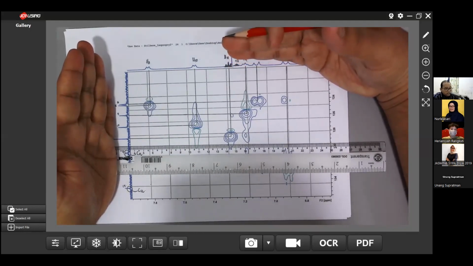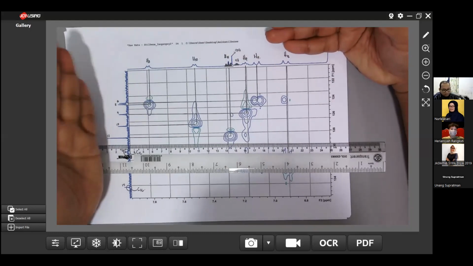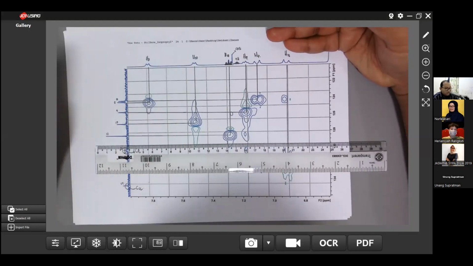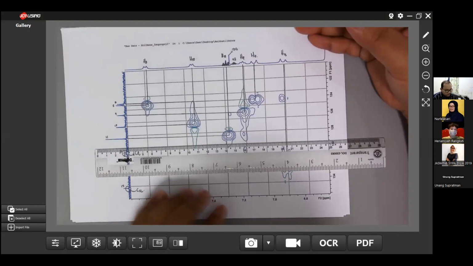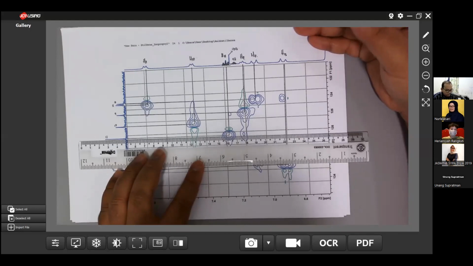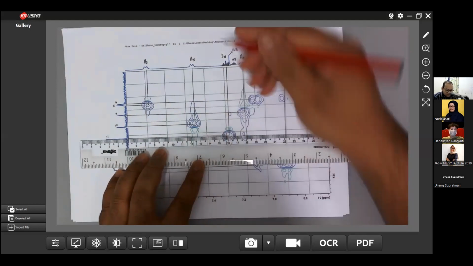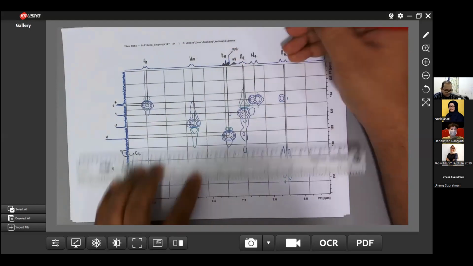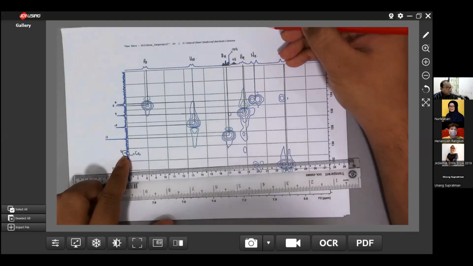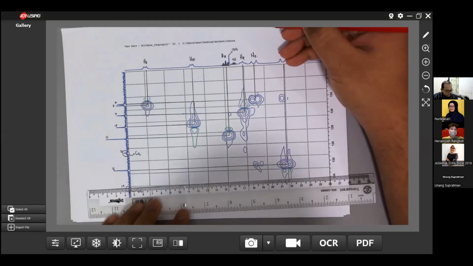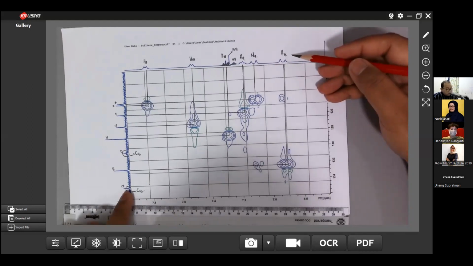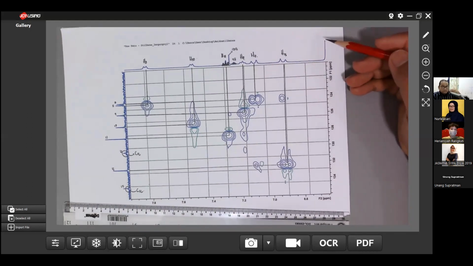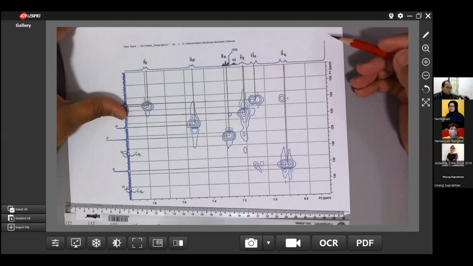If you need the correlation also, you have to run 15N NMR. So next, 10 done. 11, this is carbon number 11 here, and this one is quaternary. As I said, 12 quaternary, 13 in this contour, 13, 14, 15, and above are quaternary also.